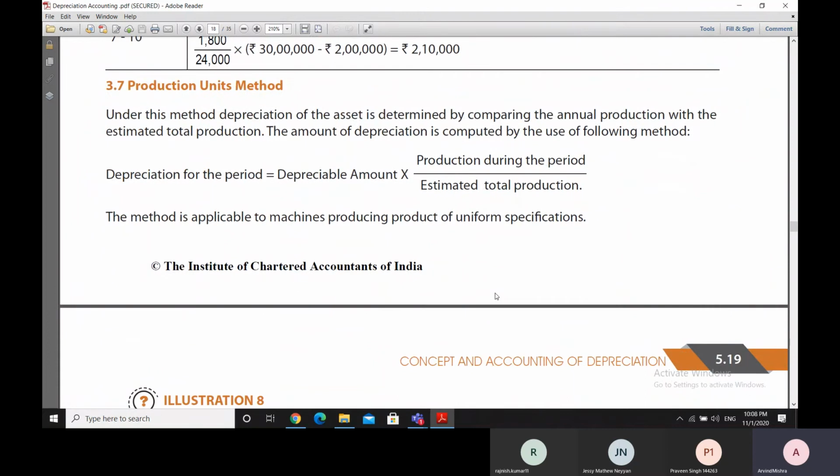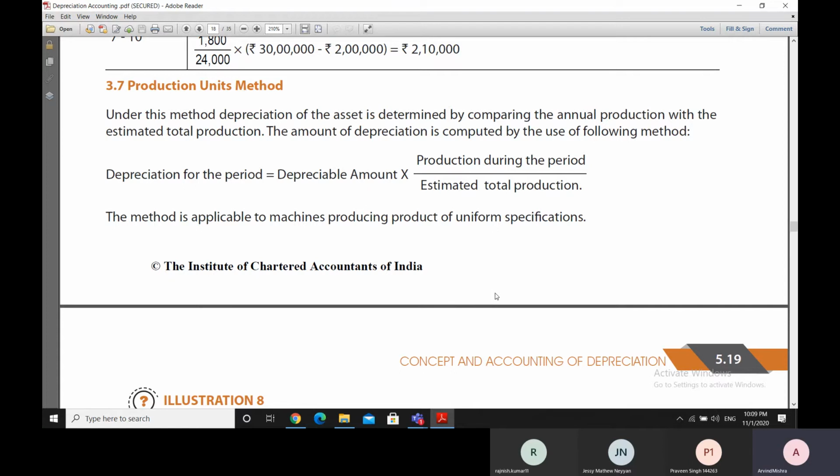Now we come to the next method of depreciation accounting, which is called the production units method. Under this method, the depreciation of the asset is determined by comparing the annual production with the estimated production.